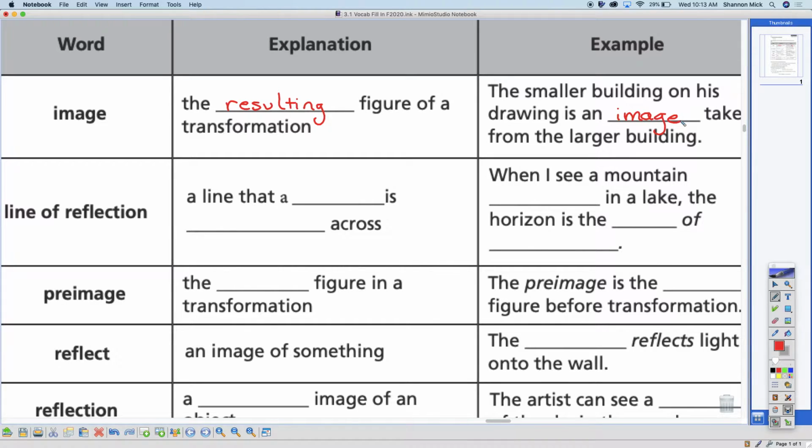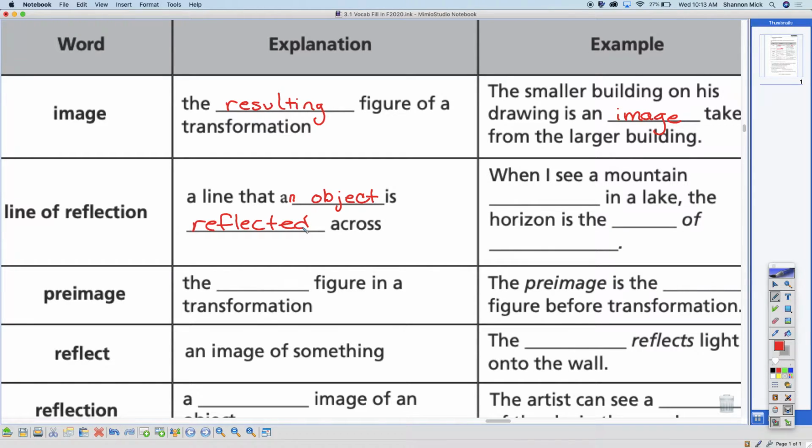So a line of reflection, a line that an object is reflected across.